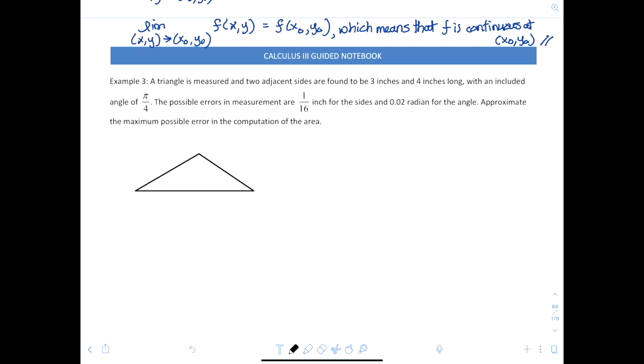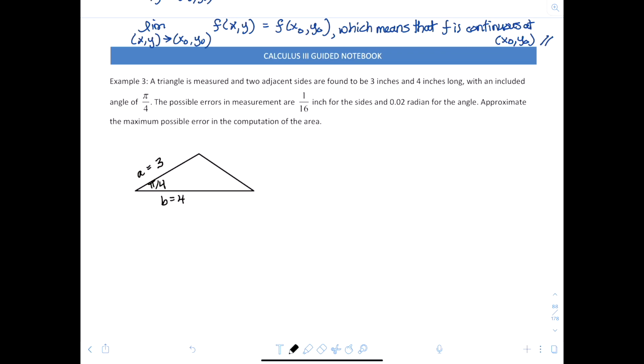So let's say that we've got this angle here as pi over 4, and then we can say this side would be 3. We can say this side could be our 4, right? And so A would be 3, because those are the measurements, and we could say B is 4.